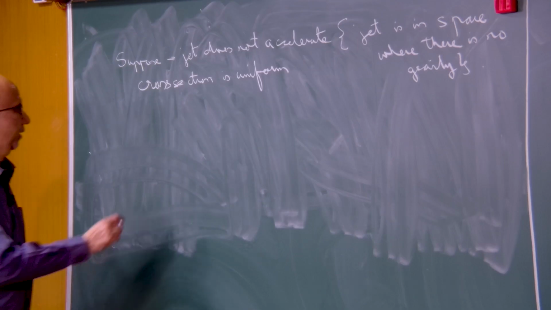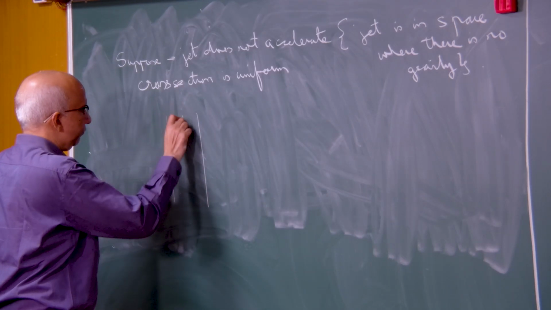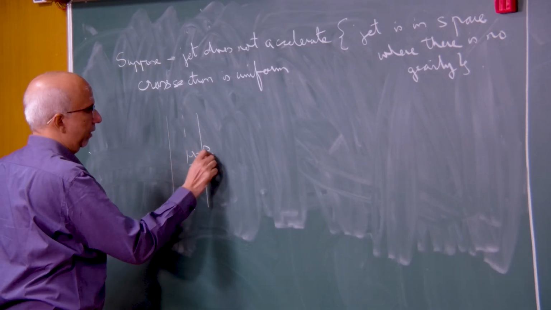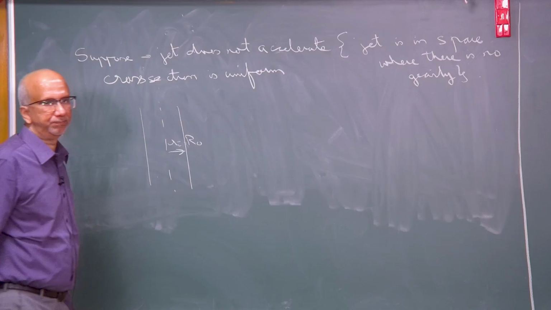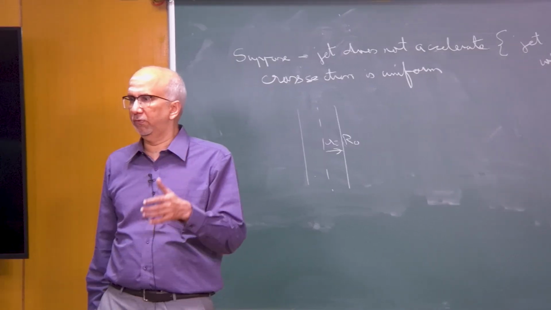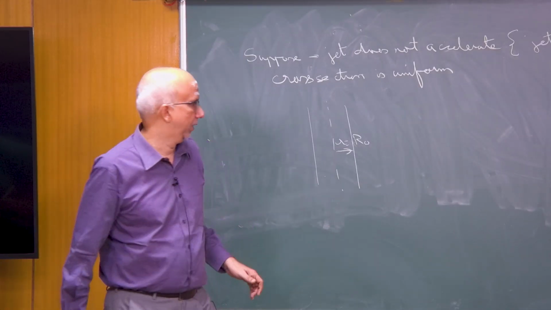Then this is the axis, this is r equals r naught. So, the surface of the cylinder is defined as r equal to r naught, which is constant.